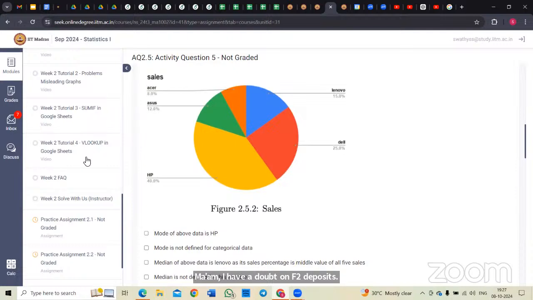Ma'am, can we say that to avoid misleading of the graph, we must plot our graph with baseline as 0? Yeah, correct.